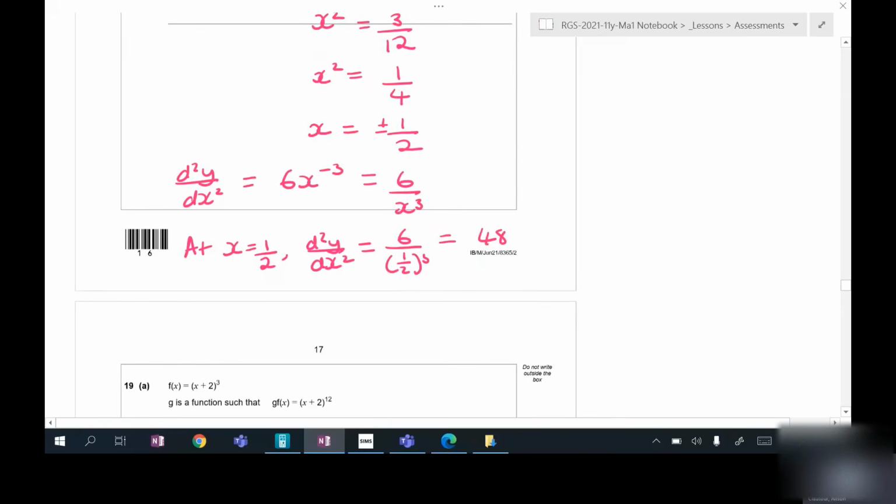Okay, and because your second derivative is positive, the point x equals a half is a minimum.